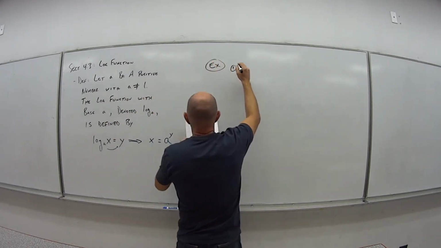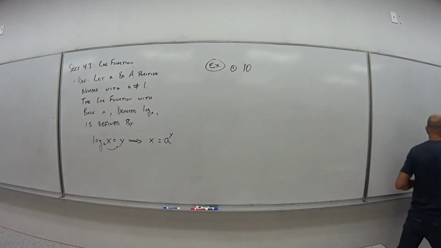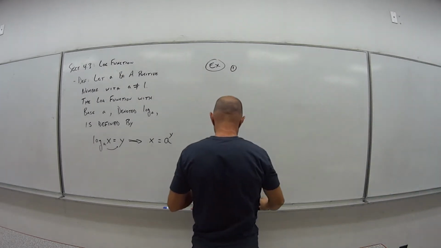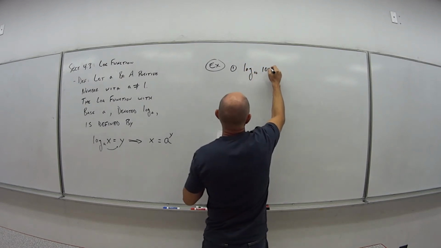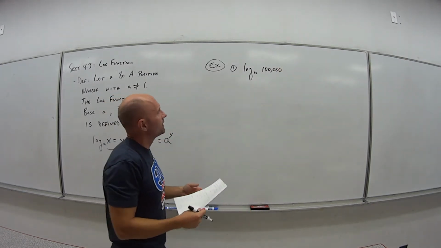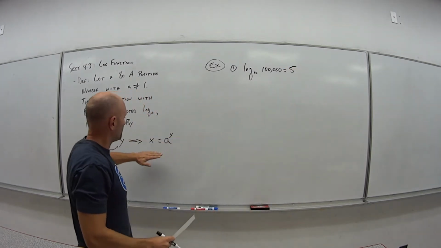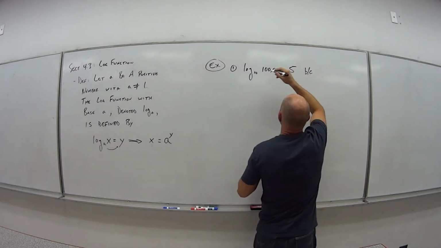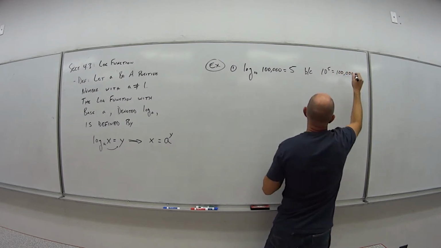If I have log base 10 of 100,000, if I want to know what this is equal to, well, this is equal to 5, because by our log definition, 10 to the 5th power is equal to 100,000.